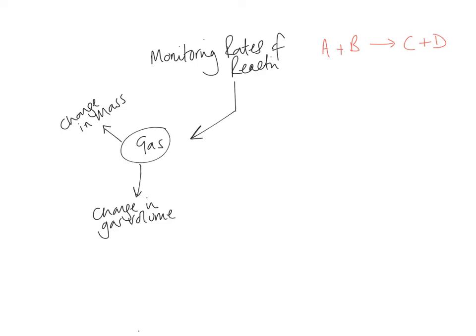With change in mass, if we added the reactants A and B together, and C or D was a gas, we could imagine that over time the mass of the whole system will decrease as the gas diffuses away.